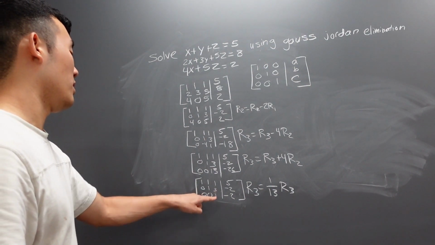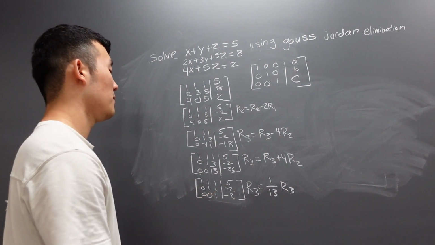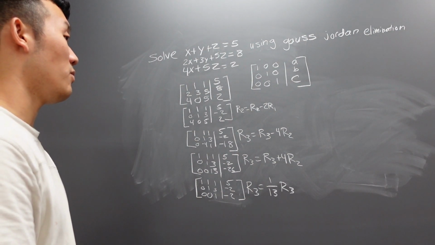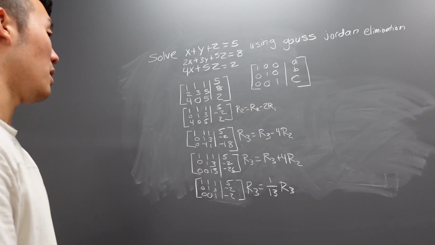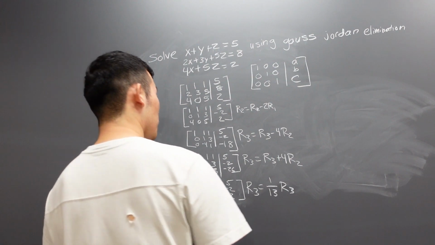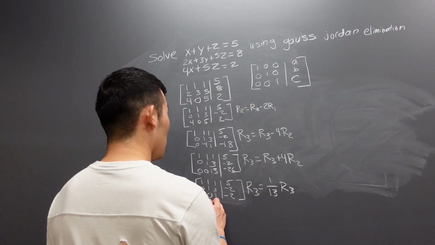Now we want to get a 0 on this row over here. So let's replace that 3 with a 0 by using R2 is equal to R2 minus 3R3.